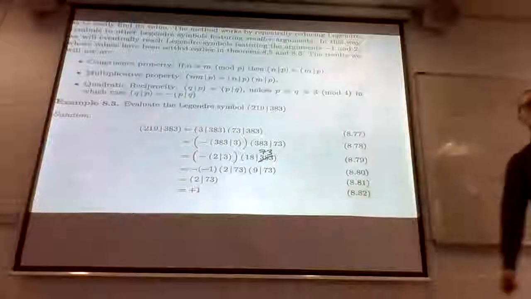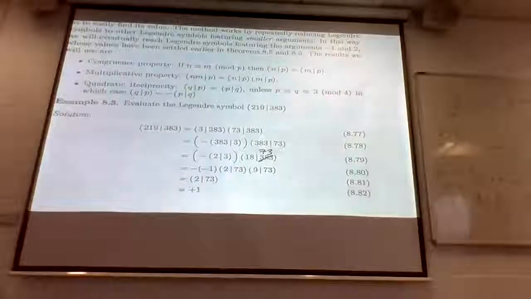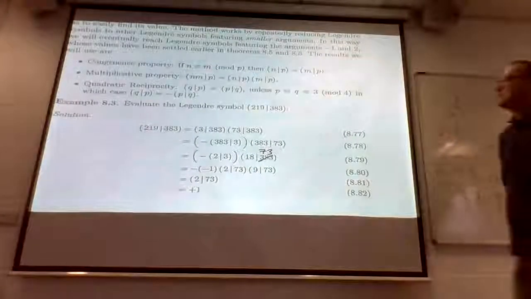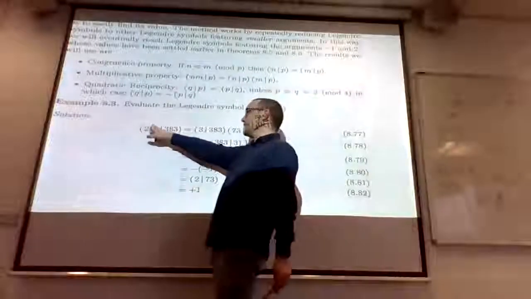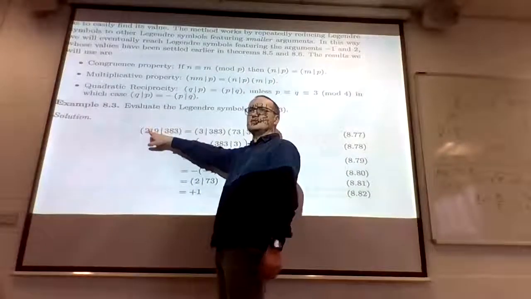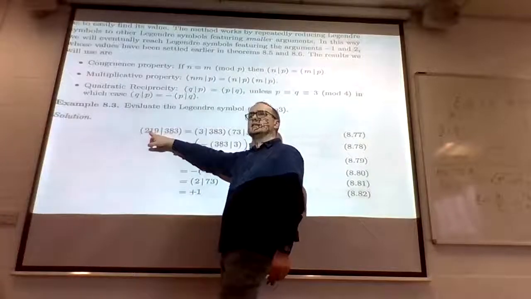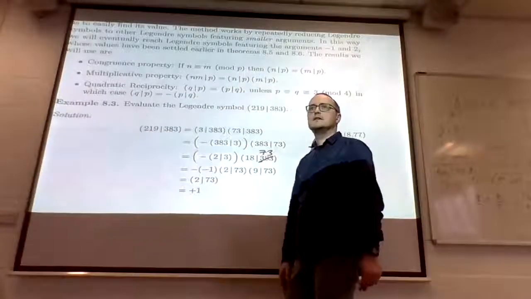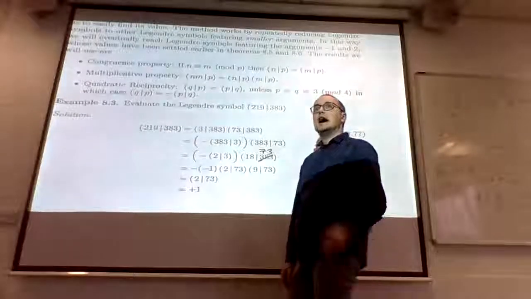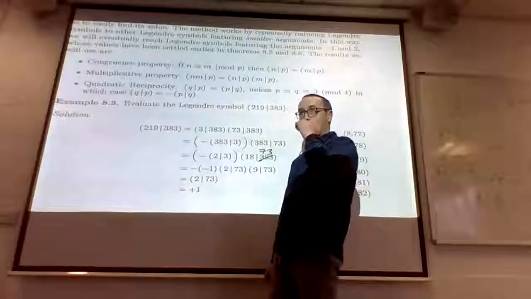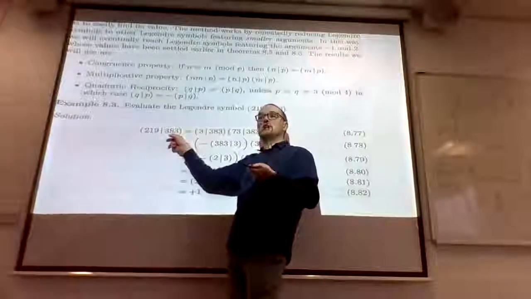Question. I know you split it into its prime factors there. Would you be able to do that just straight from the 219 and 383? So here, the first step was just to factorize 219. Could you do 219 and 383? No. Well, no, because this is a prime.